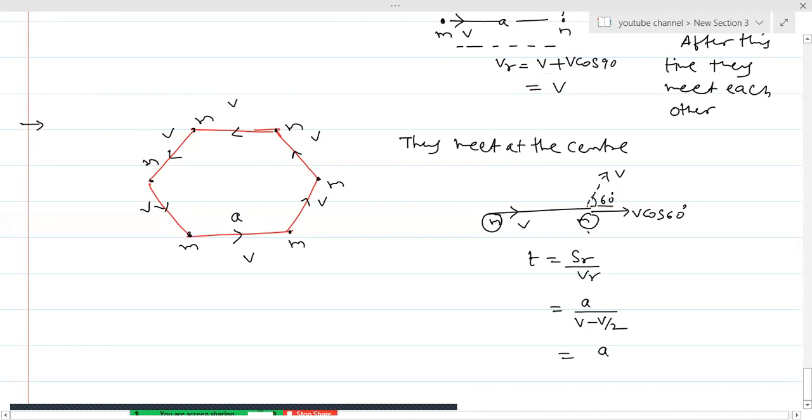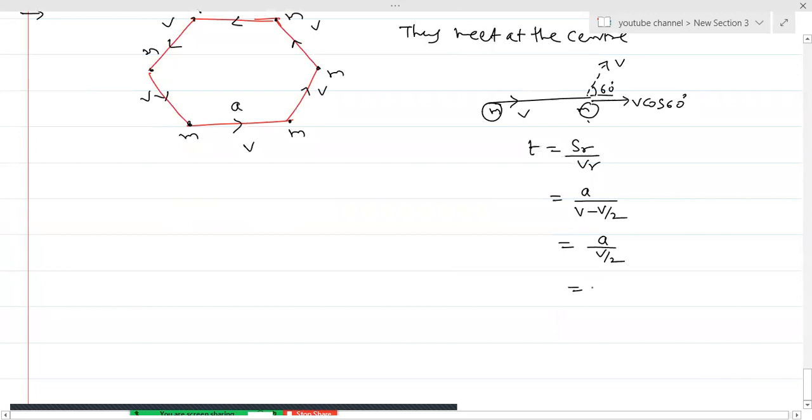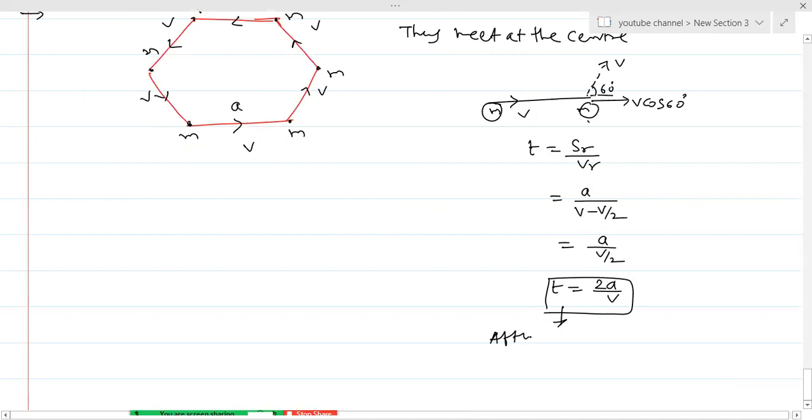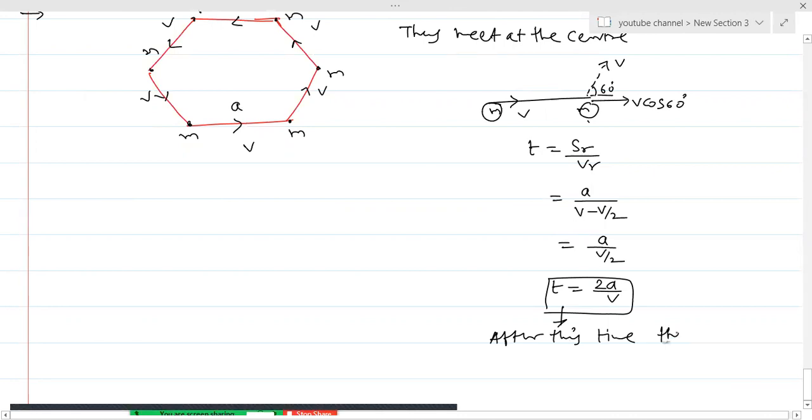So that is a by (v by 2), and the time is 2a by v. So after this time they meet each other.